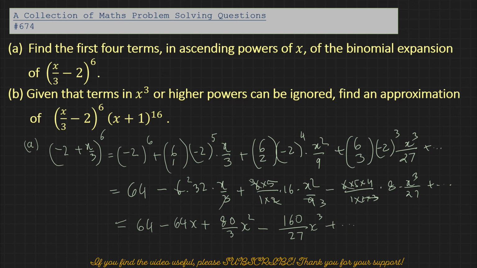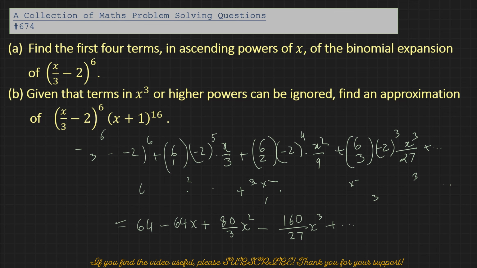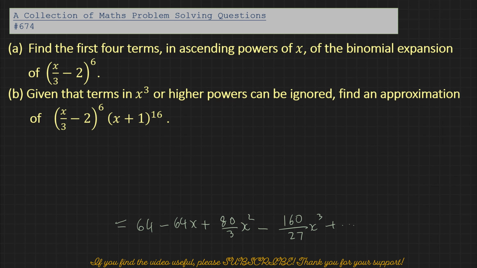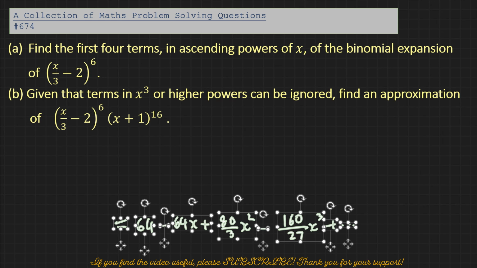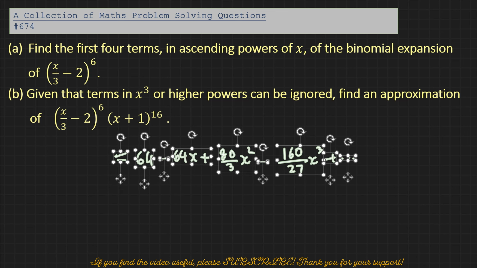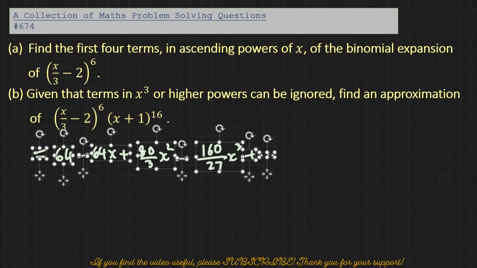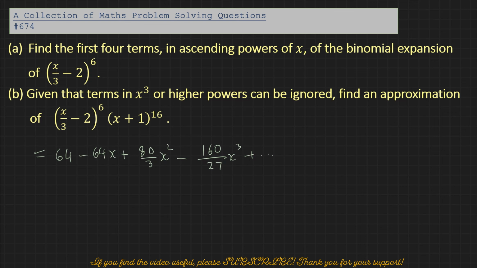Okay, for part B, I can erase this part, and because we need to use the first four terms to multiply, I'll use the first four terms.